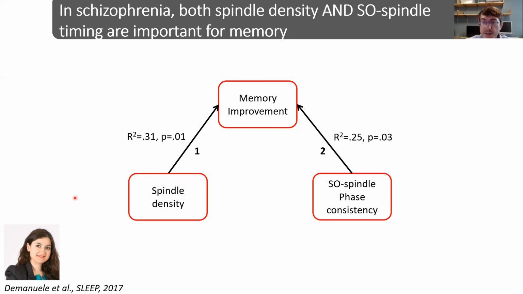She found that spindle density, as they found with the previous group, correlated with memory improvement, but also that the slow oscillation spindle phase consistency in patients with schizophrenia correlated with this memory improvement. So that coordination aspect, combining them together, was an even better predictor of memory improvement.